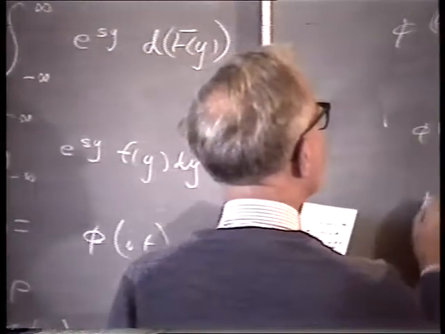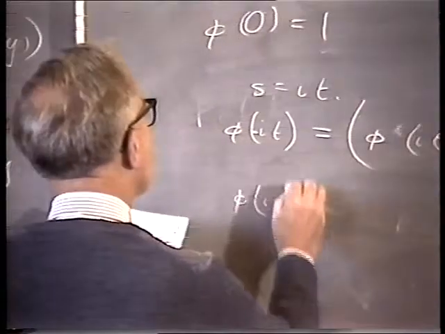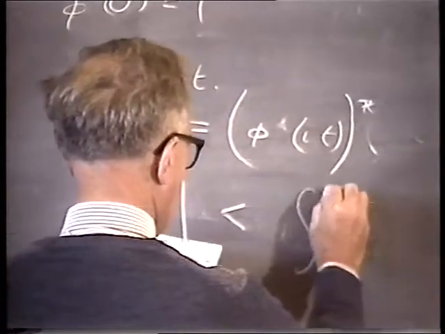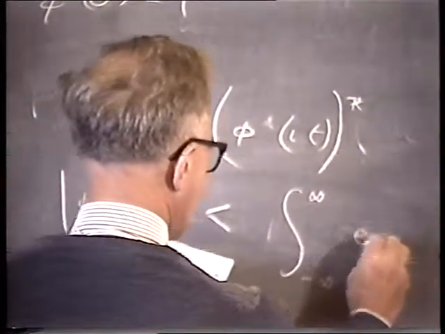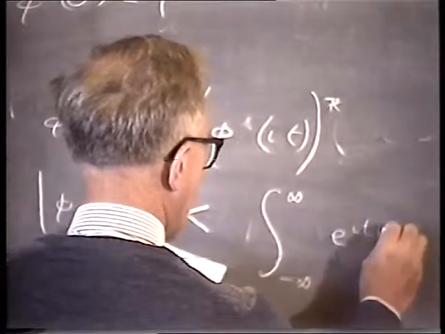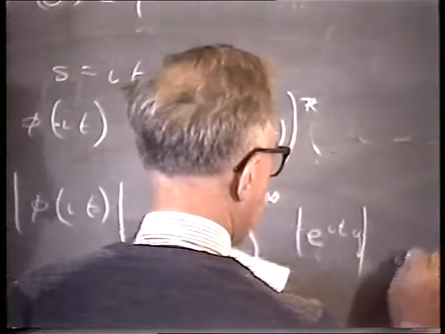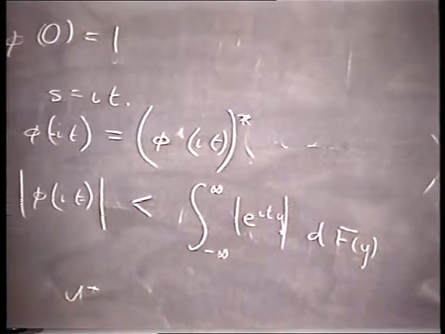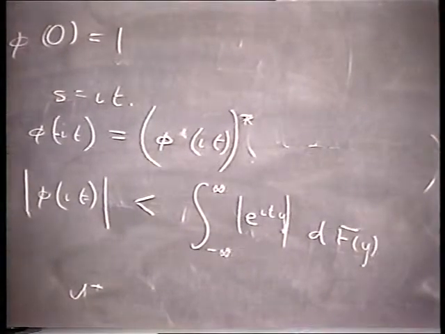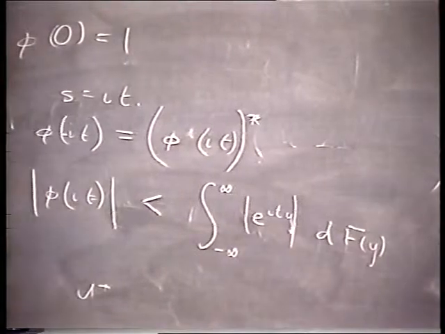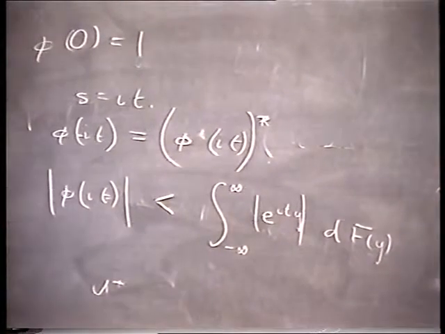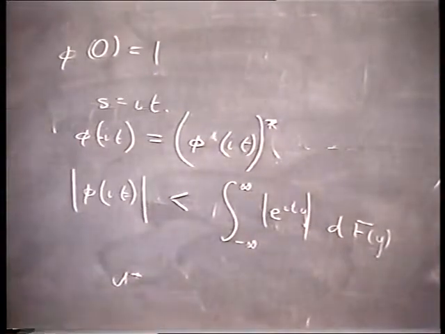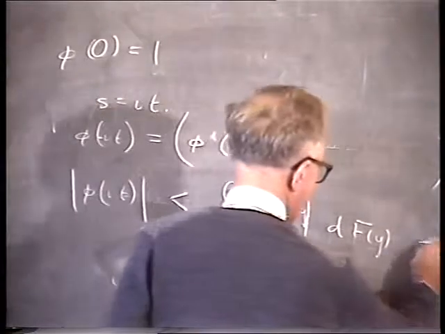Perhaps I write that one down: the absolute value of phi of it is less than the integral of the absolute value of the integrand, using the usual property that the absolute value of an integral is less than the integral of the absolute values. Of course this is just 1, and dF of y integrated from minus infinity to infinity is then equal to 1.